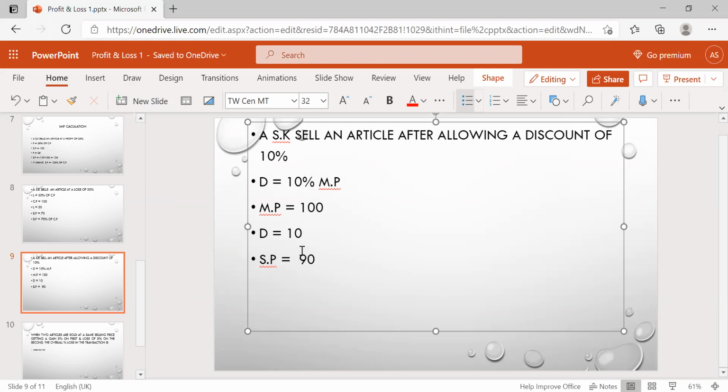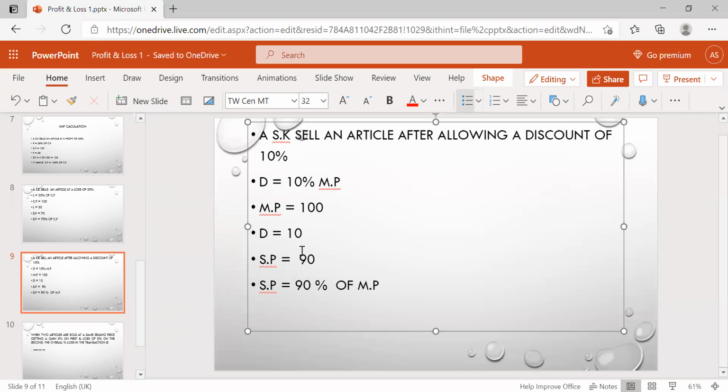That 90 rupees is called the selling price, and that 100 is the mark price. The difference is 10 rupees. So we can say selling price is 90% of mark price.